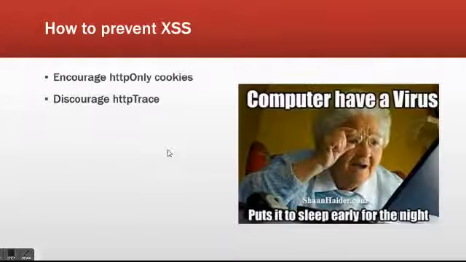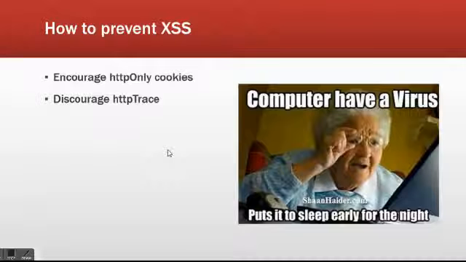Now, just like the others, you can prevent cross-site scripting. If you encourage HTTP-only cookies, then these are cookies that are only used while you are at that particular website.